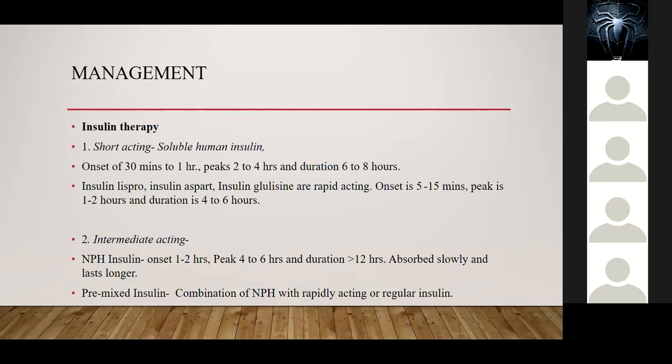So to finish up with our therapy, let's look at insulin. And insulin is very essential because, as you know, some patients are on solely insulin.